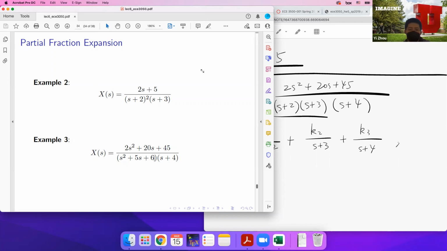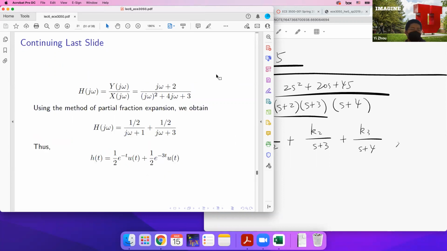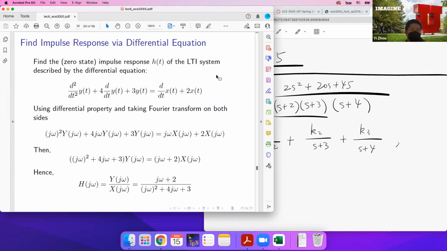Okay, so this is the partial fraction expansion. When you do the Fourier transform, you analyze the LTI systems. Once you figure out the spectrum of the target signal, it could be either the output signal or the system response.